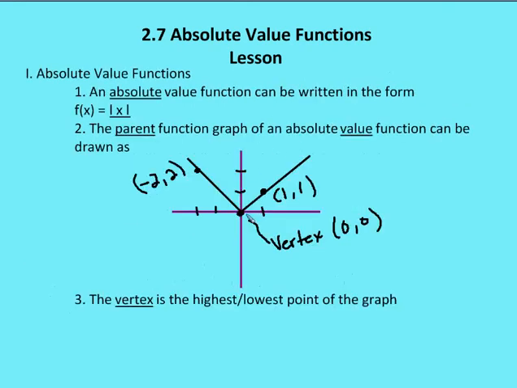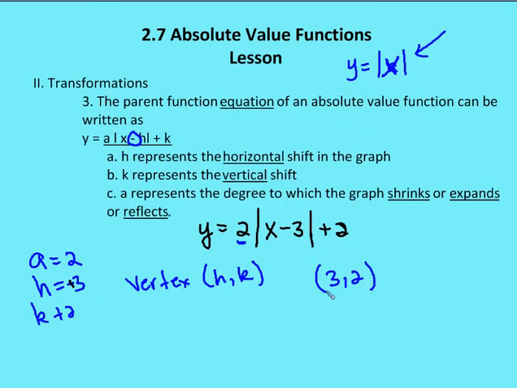Now I'm shifting or translating the graph from (0, 0) to (3, 2). So I shift it to the right 3 and then up 2. So if I were to draw a graph and I want to identify the translated function's vertex, it would be at (3, 2).